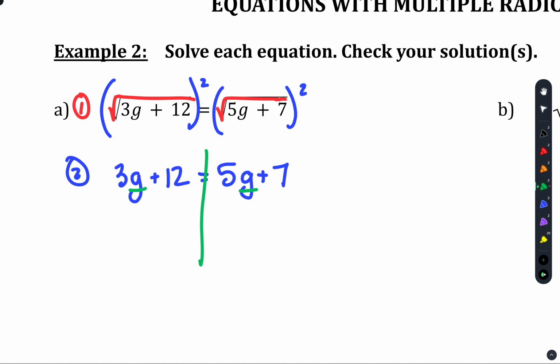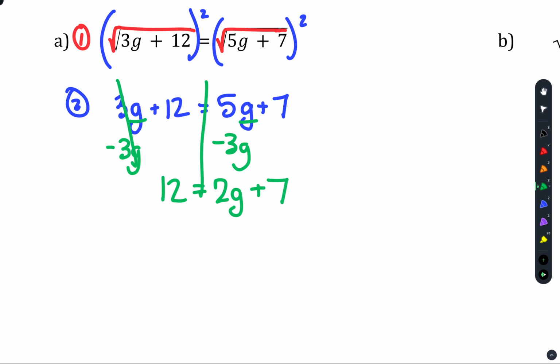For this problem, I'm going to choose to move the 3g to the right side. So I'm going to do that. It's a positive 3g, so I need to do the opposite, which is minus 3g from both sides. And then I'm just solving this like normal.